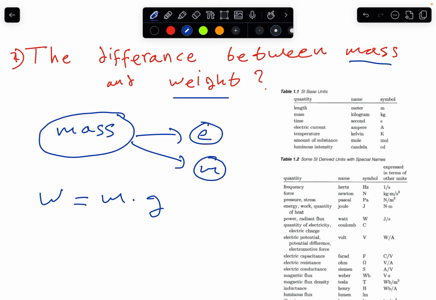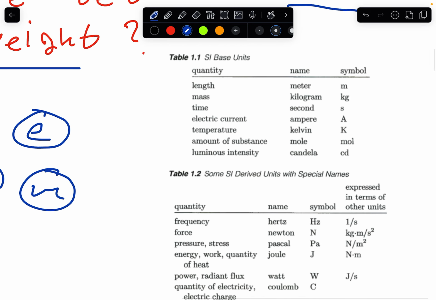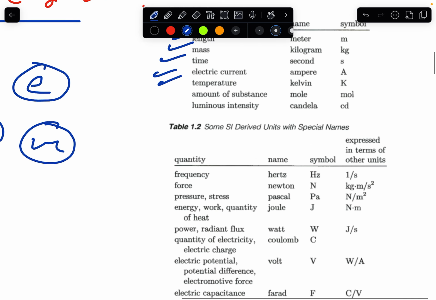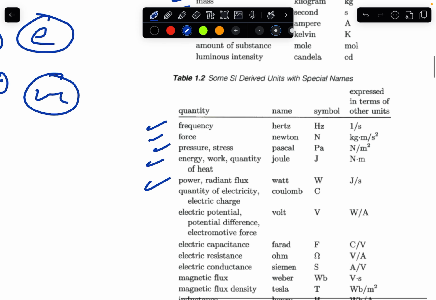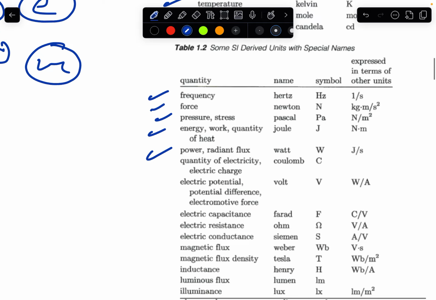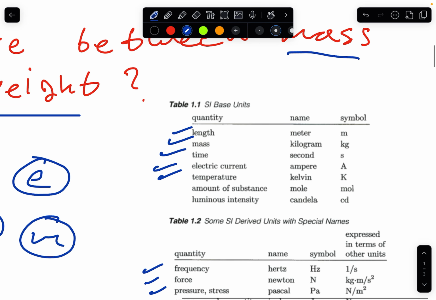And here, guys, we have the most important tools of measurement. We have length, mass, time, current, temperature, etc., frequency, force, pressure, energy, power. As a non-engineer or as an engineer, we deal with this stuff on a daily basis.